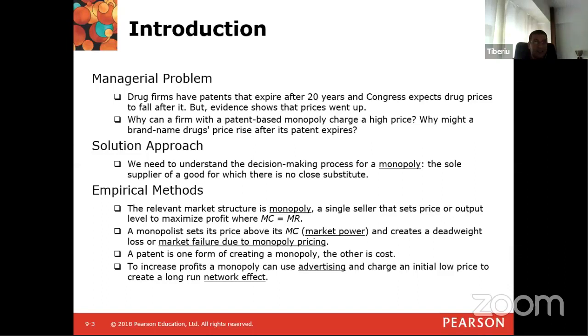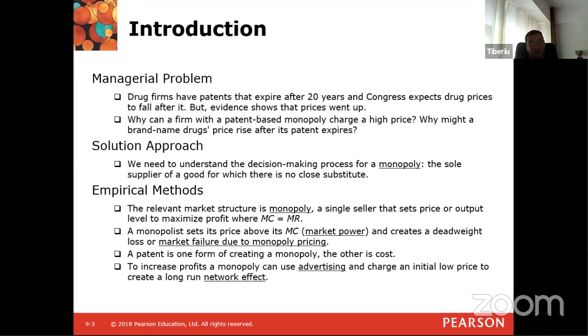We need to understand the decision-making process of a monopoly, the sole supplier of a good for which there is no close substitute. The relevant market strategy: a monopoly is a single seller that sets price or output level to maximize profit.